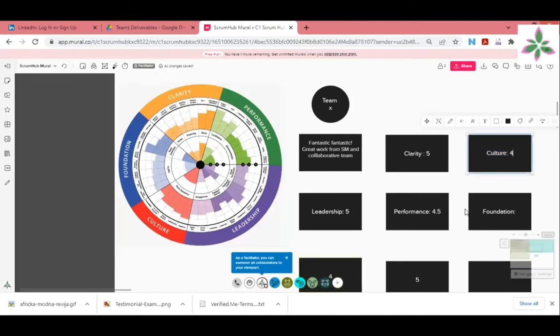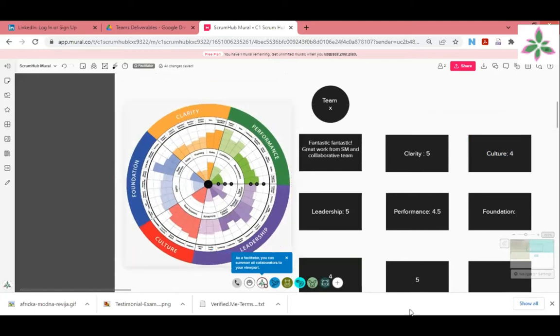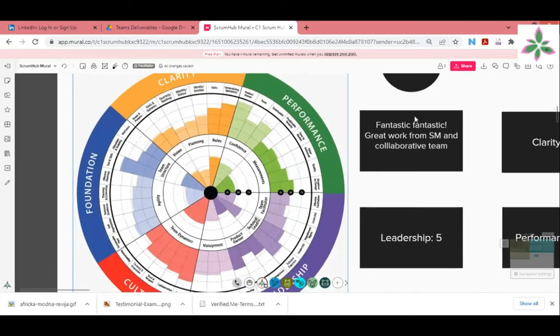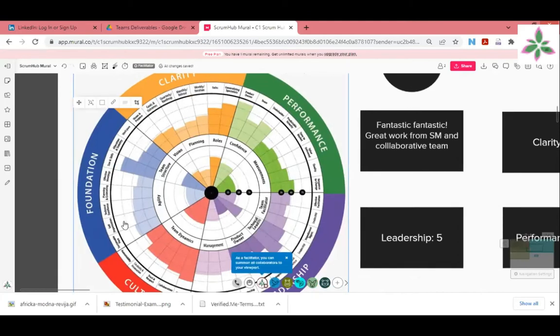Okay, so for foundation, foundation is about sustainability. Do you feel like this team is on a sustainable pace to achieving their minimum viable product? Do you feel like there's self-organization, the meetings are effective, they're knowledgeable and they have their skills?